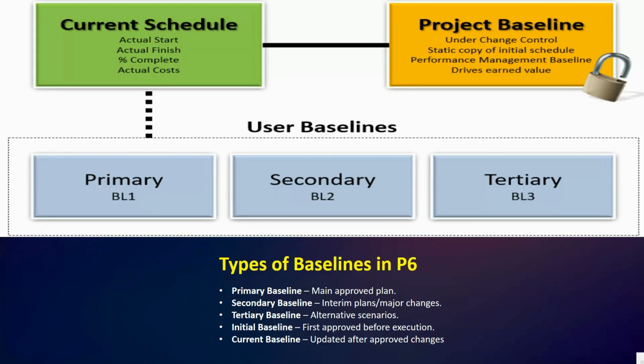In P6, this allows project managers to compare different versions of the plan and to maintain a history of the changes over the life of the project. So this is a very flexible tool.